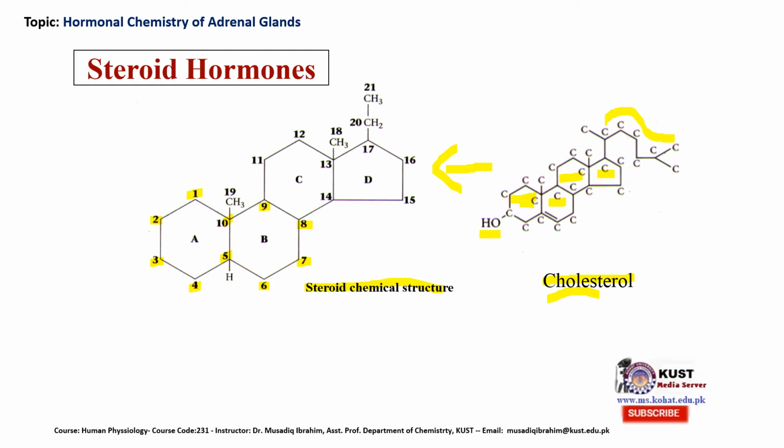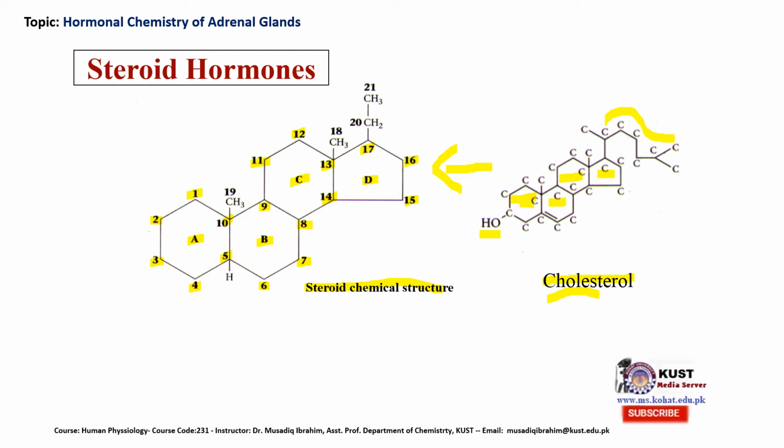These are the A and B ring structures of the steroid nucleus. Then after 10 you have the C ring, which starts from 11, 12, 13, 14, and then the D ring, which consists of 5 carbons, so 15, 16, and 17.